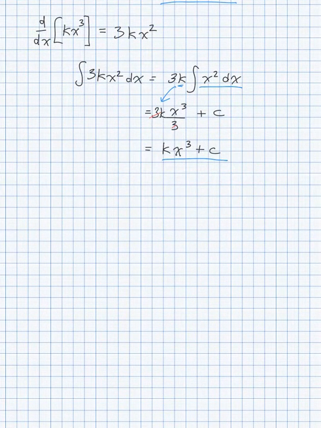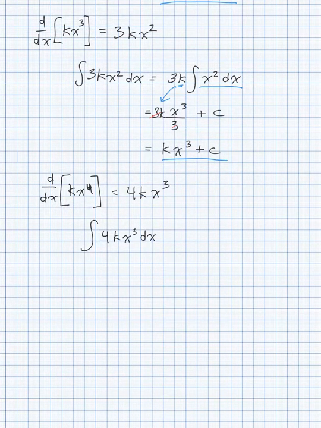So we're going to differentiate with respect to x, kx to the 4th. This gives us 4kx cubed. And so if I want to go in the other direction, and I were integrating 4kx cubed dx, I can take the 4k outside of the integral, and now I'm just integrating x cubed dx.